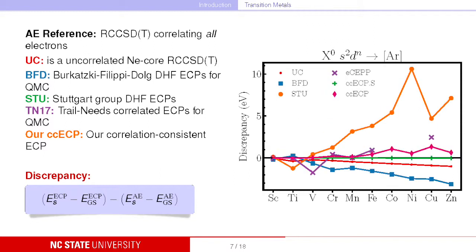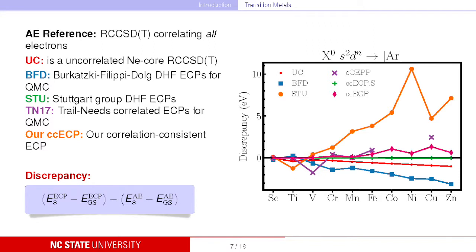If you ionize all the way down to the argon core, you can see that the error grows significantly for all of the other core approximations as opposed to ours. Ours stays relatively flat and grows slightly as you increase towards zinc, but the relative error is still quite small.